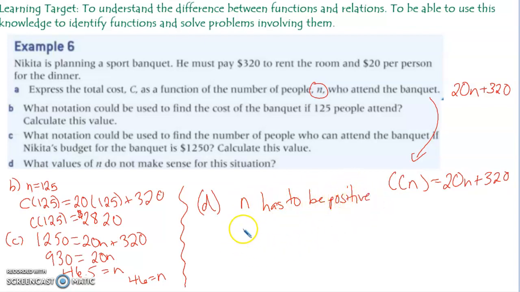Okay. And n has to be less than the capacity. Okay. And we're going to learn how to represent this with domain and range tomorrow in class. Sorry, I guess Monday in class.